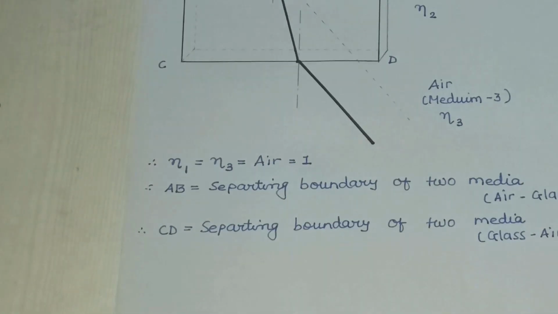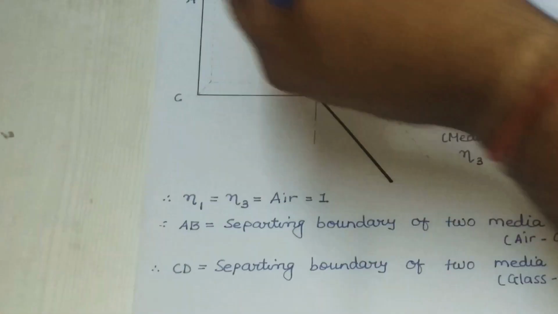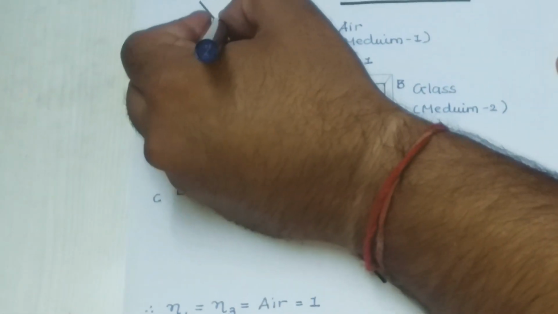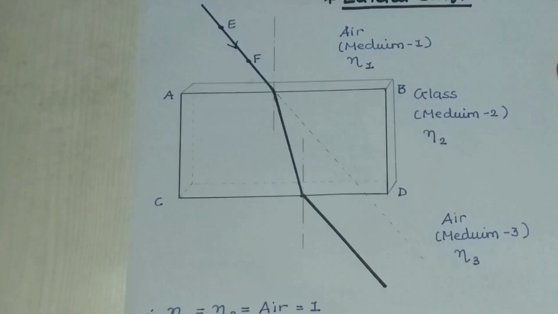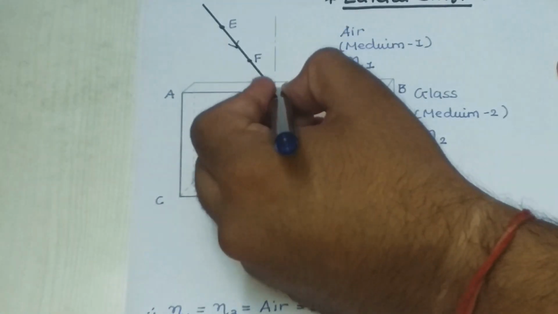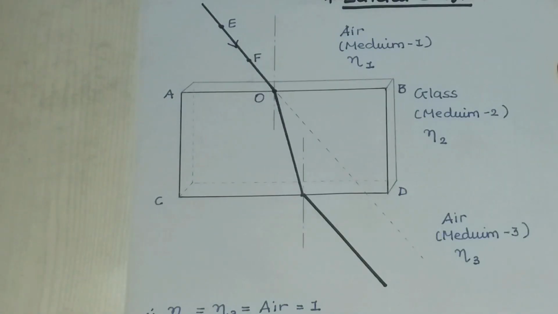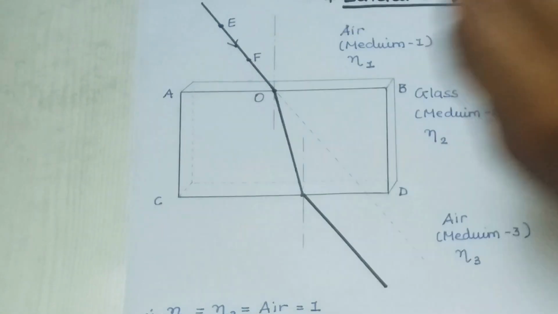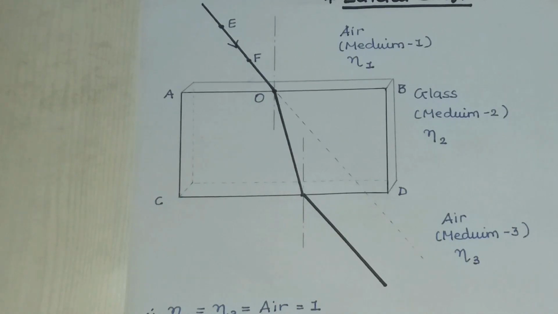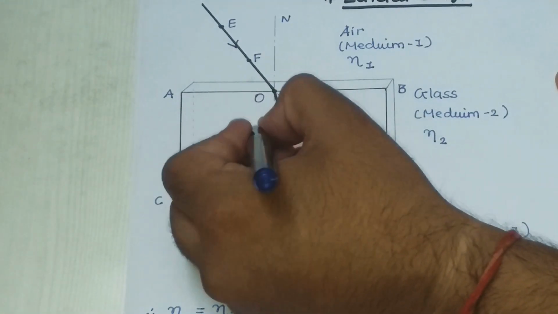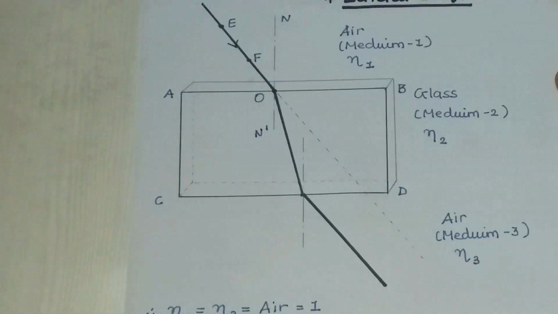Now in this figure it is our incident ray. Let us give the names E and F. Here is the incident point; let us take the name O. Now if we make an angle, we draw one normal, and here I give the name N dash.